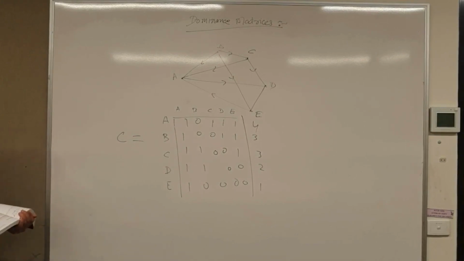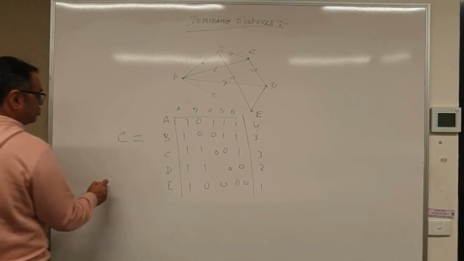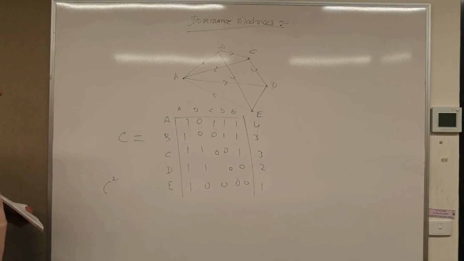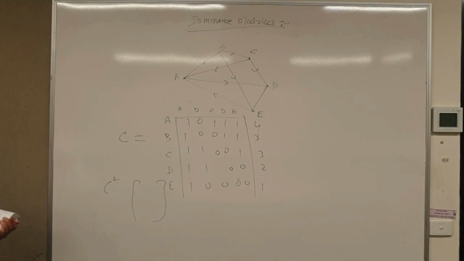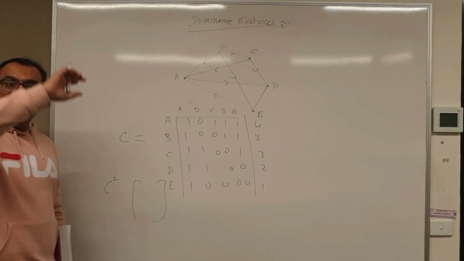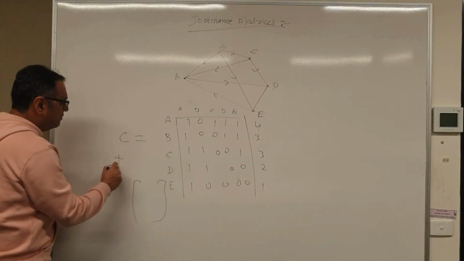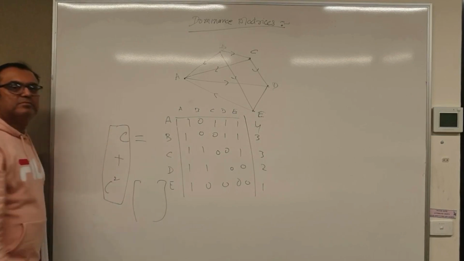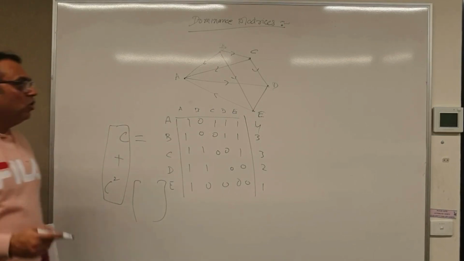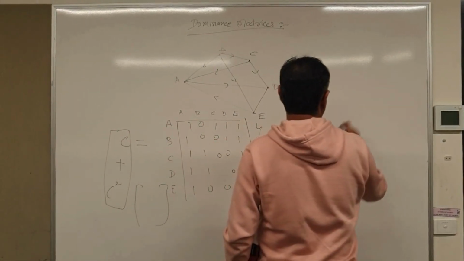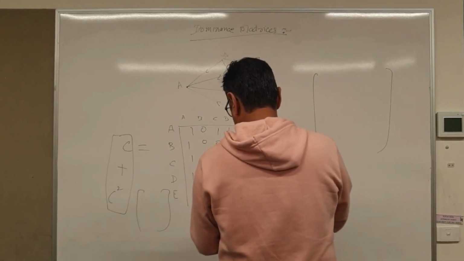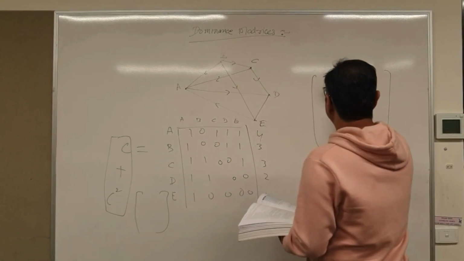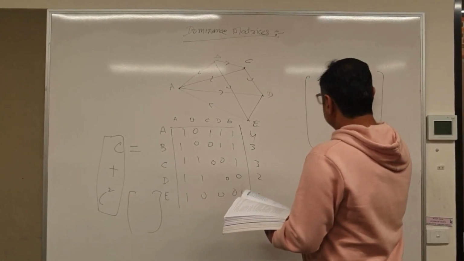Now, let's establish the two-step communication matrix. So you square this matrix, you will get another matrix. And if you remember from the previous question, I said how many are total? So you added both of them. Once you add all of them, you will finally get one big matrix. In this case, that could be something like this: 0, 1, 1, 2, 0.